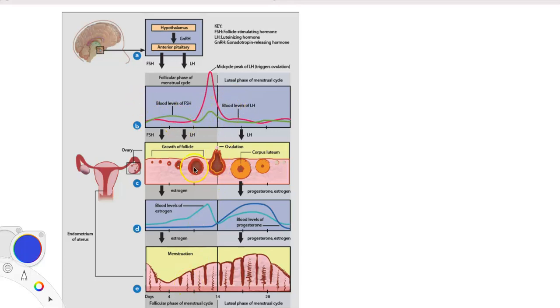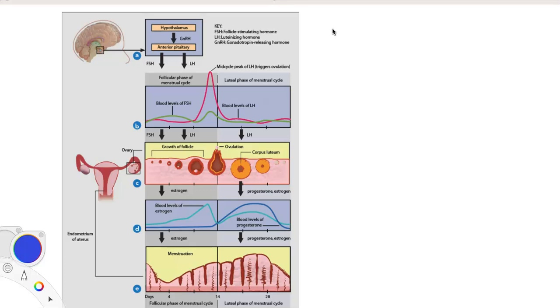So we've got 4 sort of graphs here. So the first graph shows levels of FSH and LH. Okay, and then right under there shows the follicle and what's happening there. So just remember from what we talked about before in oogenesis, we as females made a finite number of primordial follicles with primary oocytes in them.